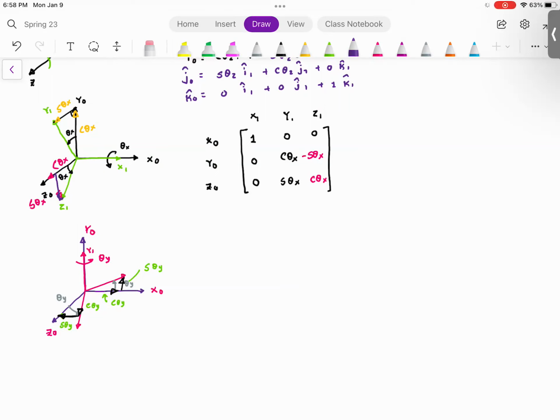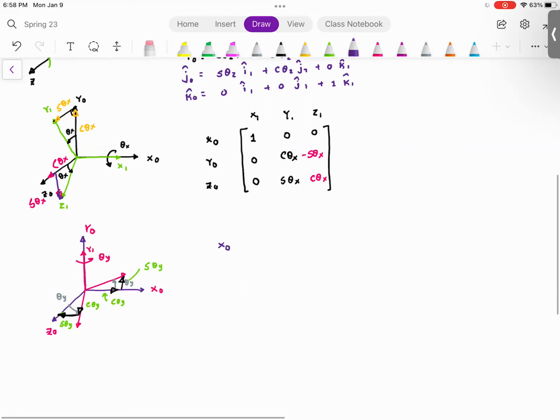And I would just go ahead and write down x naught, y naught, z naught, and x1, y1, z1. And then as you see, y0 and y1 are aligned. So I will write 1 over here, 0, 0, 0, 0.